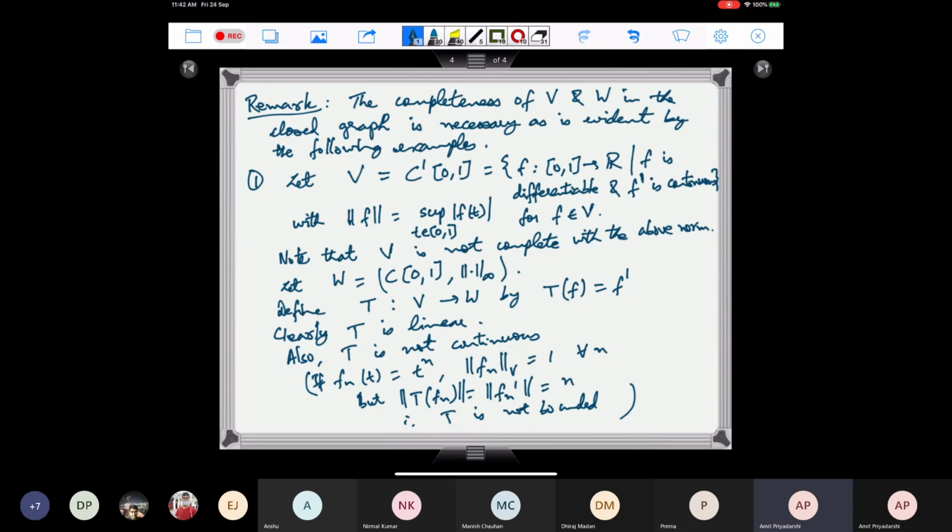So how do we see that the graph of T is closed? In V cross W. So if we take anything in the closure, let (f_n, f_n prime) be in graph T, right? Because f_n prime is T(f_n).